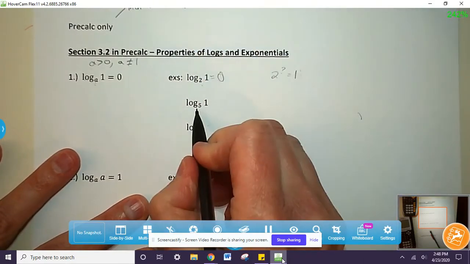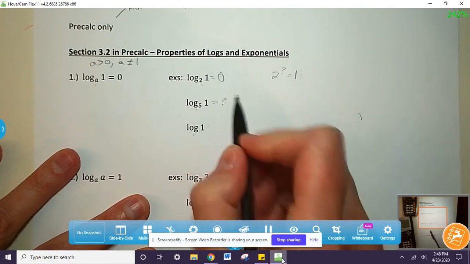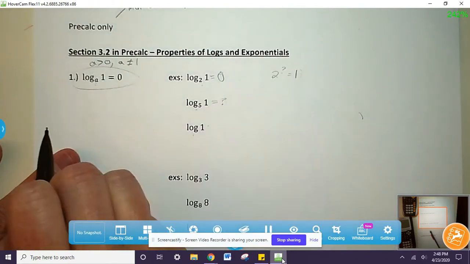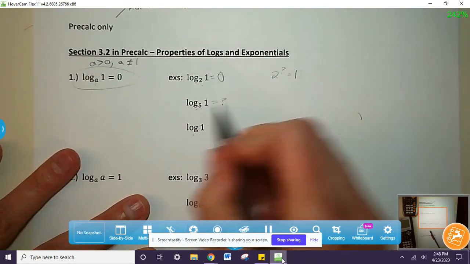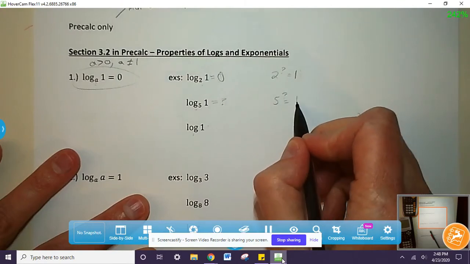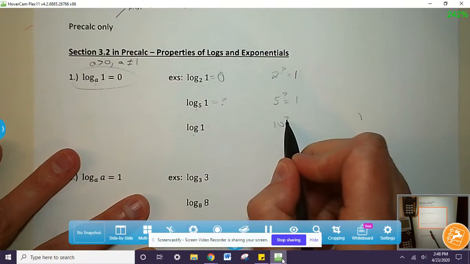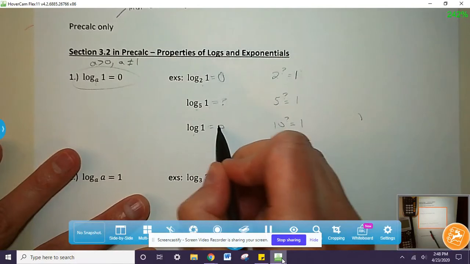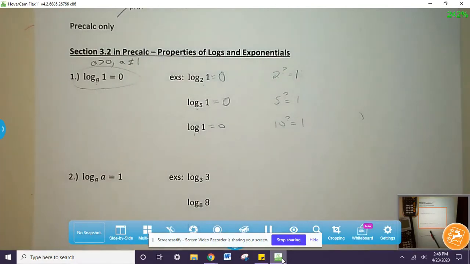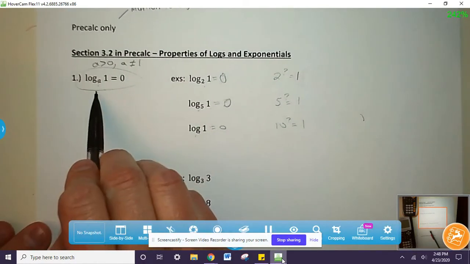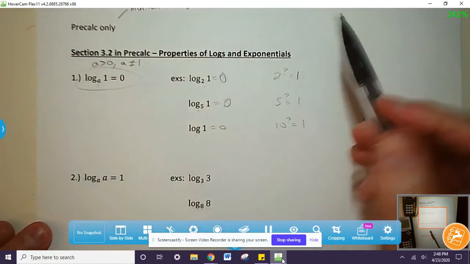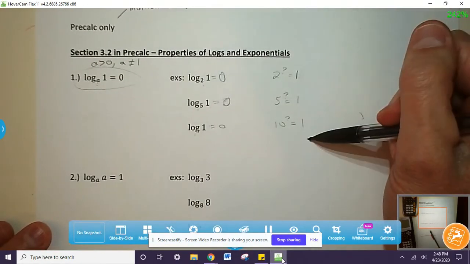If you didn't recognize that it's a property and you have a shortcut for it, no big deal, because you can always just say, okay, this is 5 to what power gives me 1. This one would be 10 to what power gives me 1. And the answer is 0 for all of those. So it's a nice shortcut if you recognize it, but I wouldn't work hard to memorize it because you can always just rewrite it in the other form.